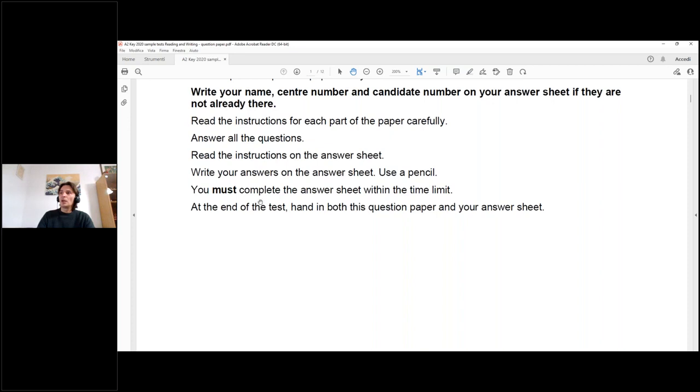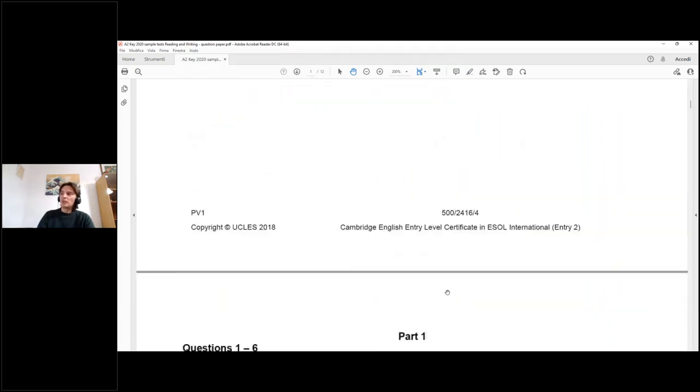You must complete the answer sheet within the time limit, so in an hour, you must also complete the answer sheet. I'm going to give you an hour, but it's a lot of time. At the end of the test, you must give your question paper and your answer sheet to the examiner, okay?